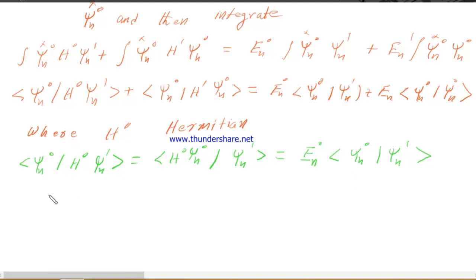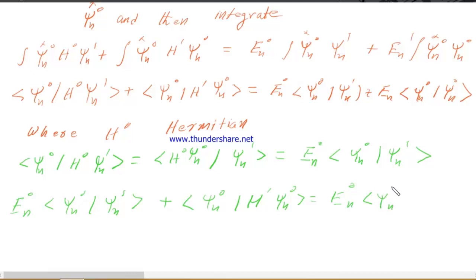So this equation is E naught n psi naught n and then psi n1 plus the other term psi n0 H dash psi n naught is equal to E n naught psi n0 psi n1 plus E n1, and here is 1.